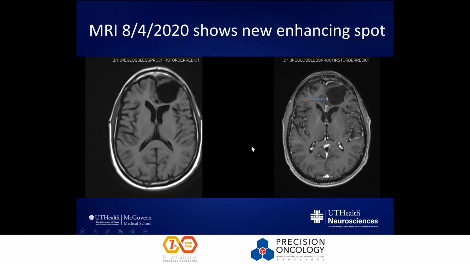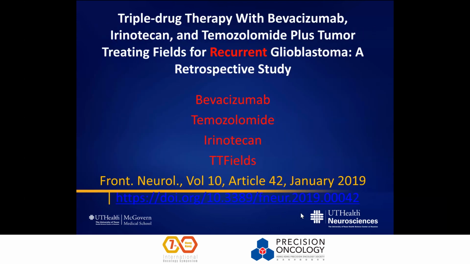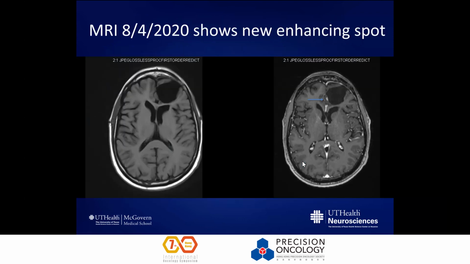So he was actually operated on again by his original surgeon in Quebec, just done recently, and he did well after the surgery. So this is an example of TTF really helping this patient for over 11 years as of now.